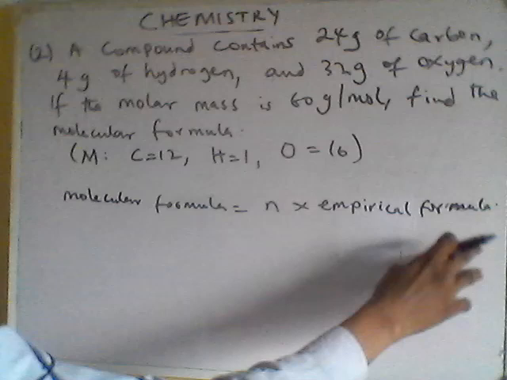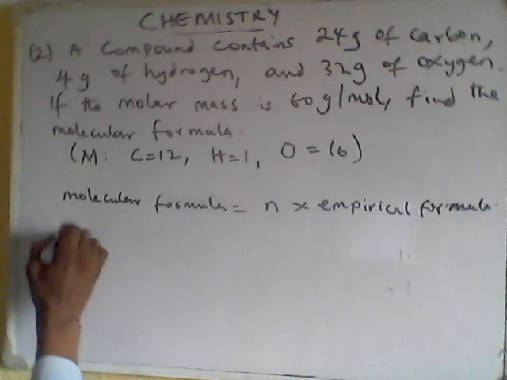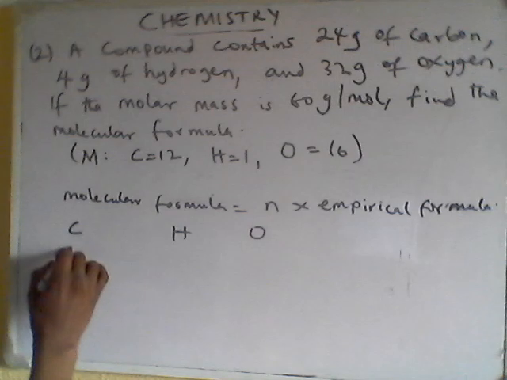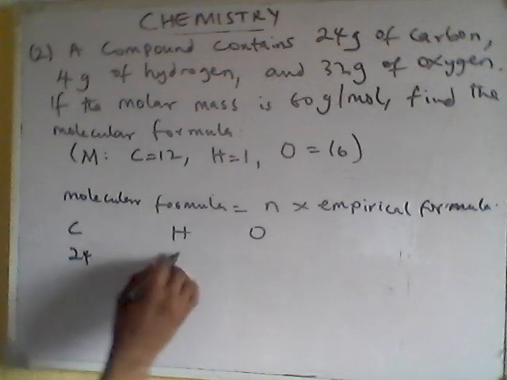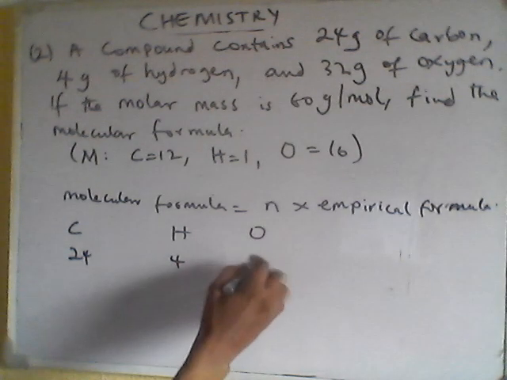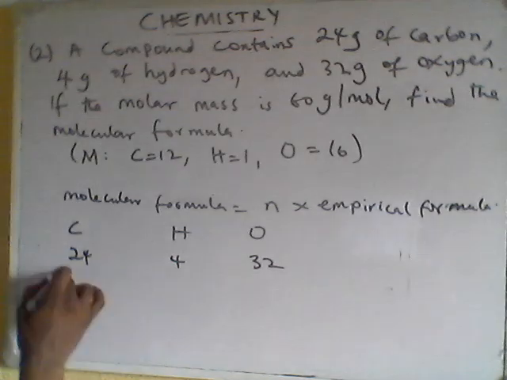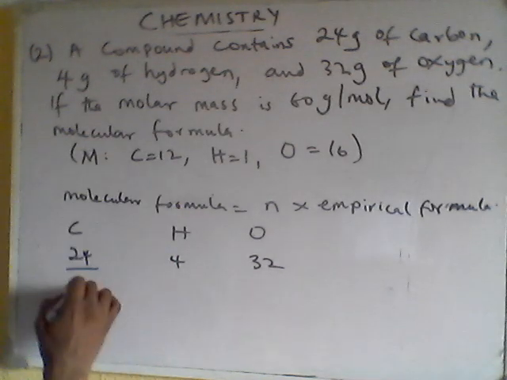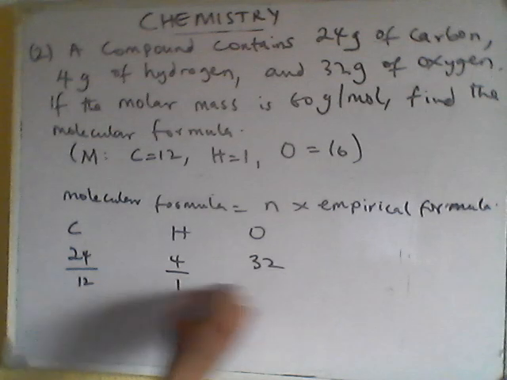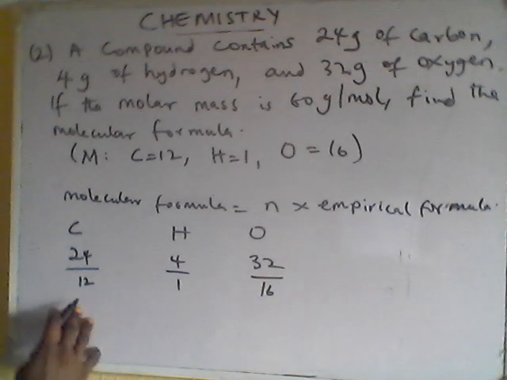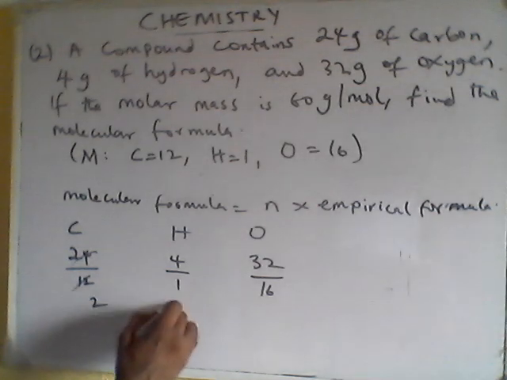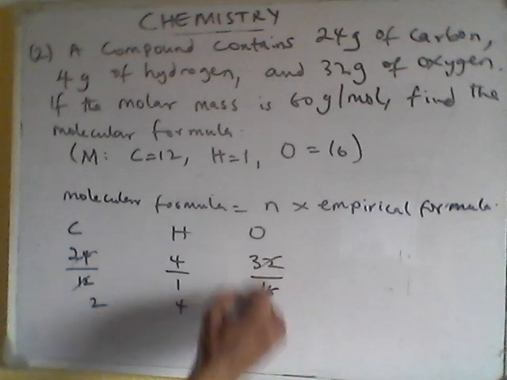Now to get empirical formula, I'm going to take this one, C, H, and O. First of all, I'm told that carbon is 24, hydrogen is 4, and oxygen is 32. So I divide each by the various molar masses, you understand, to get 2, 4, and 2 again.